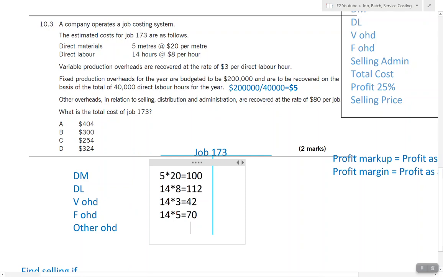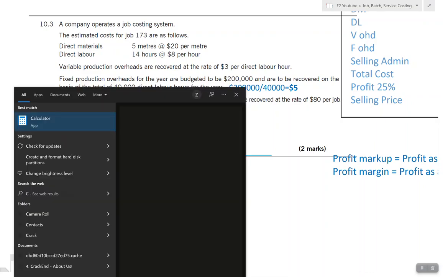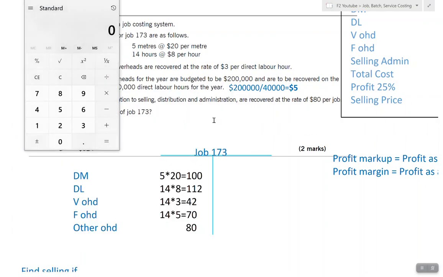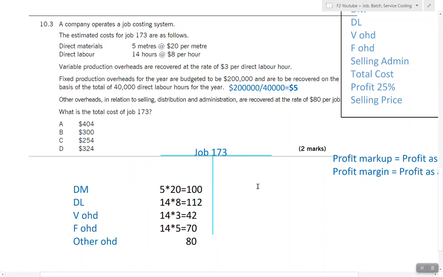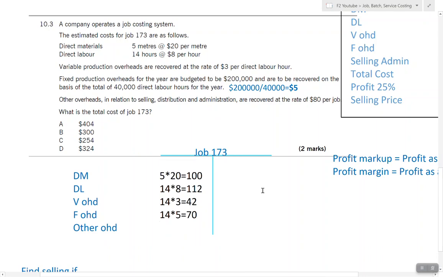And then other overheads are 80. So when we total this, we have 100 plus 112 plus 42 plus 70 plus 80. It becomes 404. So 404 is the total cost of the job.